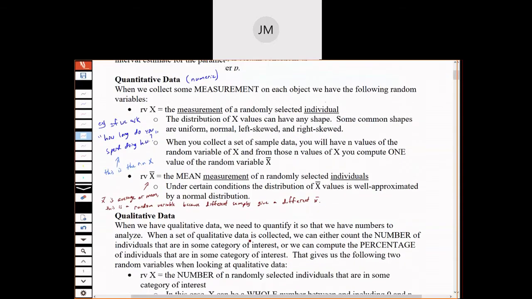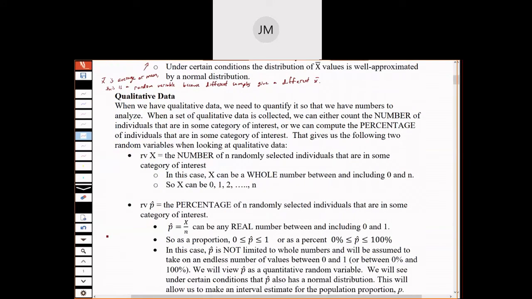Okay. All right. We're going to be looking primarily at qualitative data. Okay, so this is the non-numeric. And what we need is numbers that we can work with. So even when we take non-numeric data, we need to be able to have numbers to work with, because in math, that's kind of our thing.